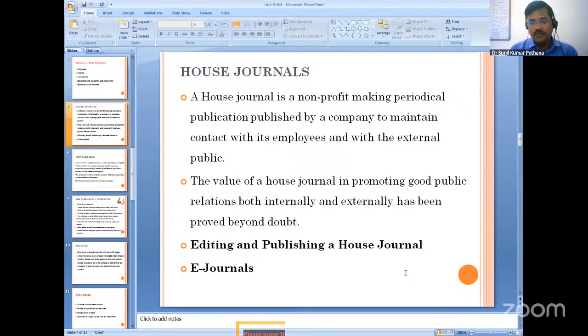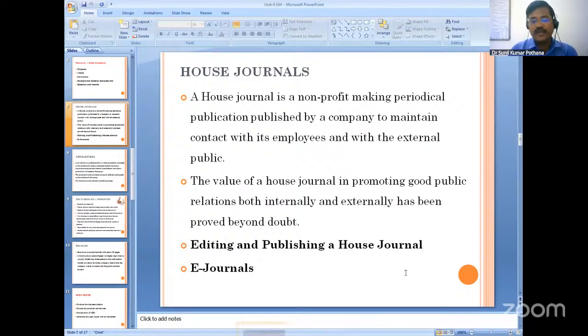Here we have the convergence and development of technology. Now many organizations are producing e-journals instead of print journals. Earlier the print journal was the only tool, but now we have e-journals. E-form means electronic form through various digital platforms.